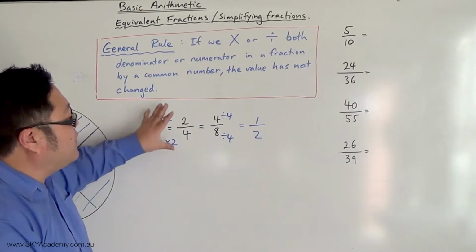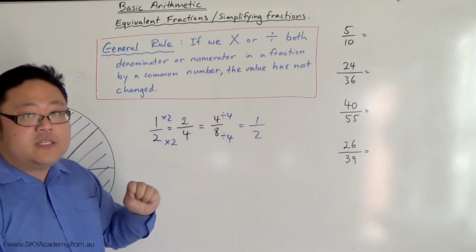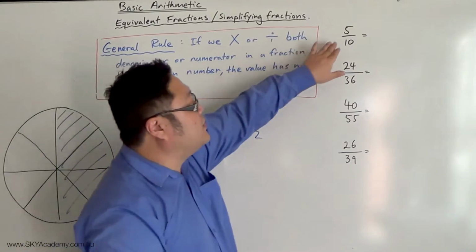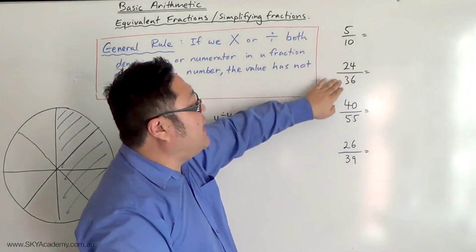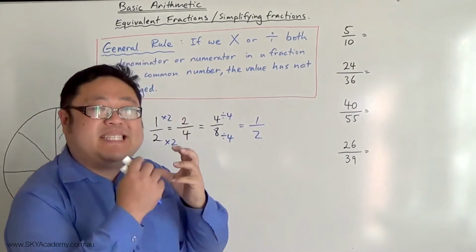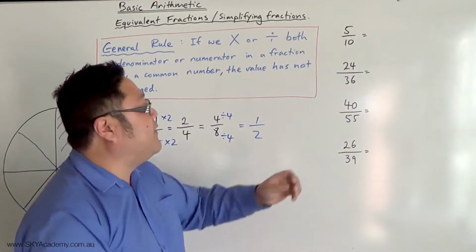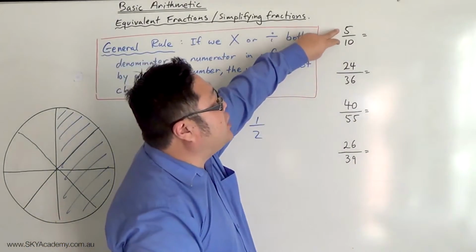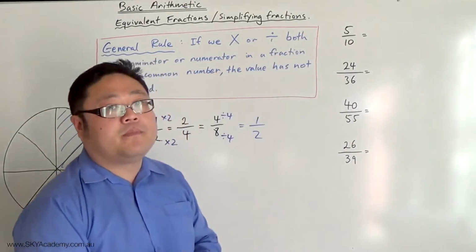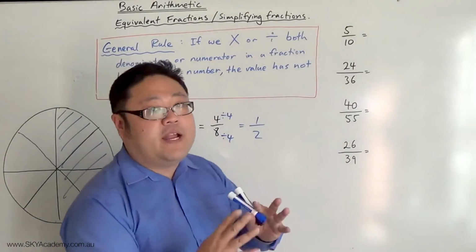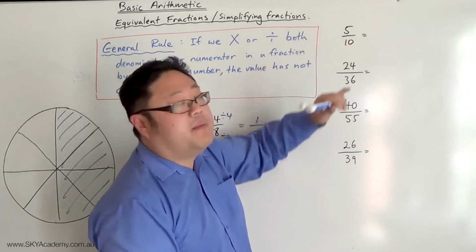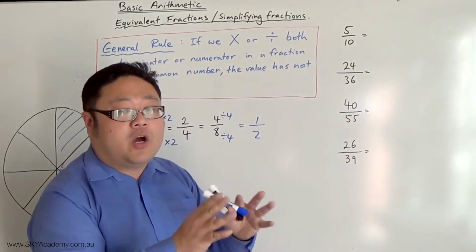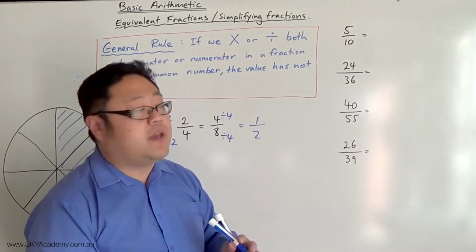So now that you have kind of gotten this as a concept, what I want to do is show you how these fractions can be simplified. Now, by simplified, what I mean is both the top number and the bottom number cannot be simplified any further. So in other words, the top number and the bottom number will not share a common factor other than 1, okay?